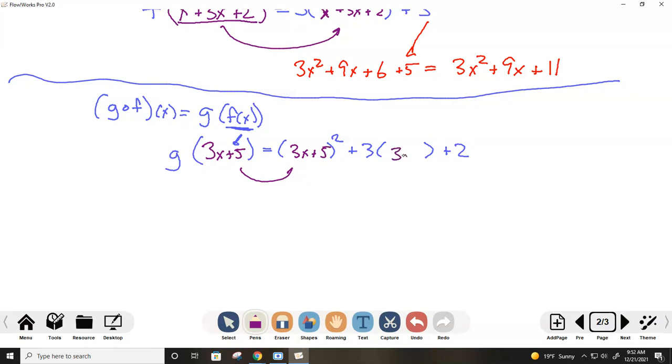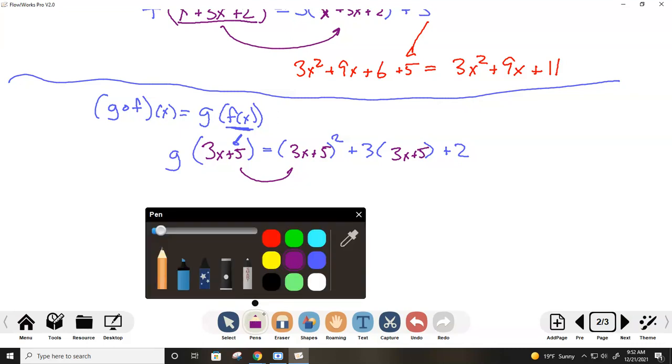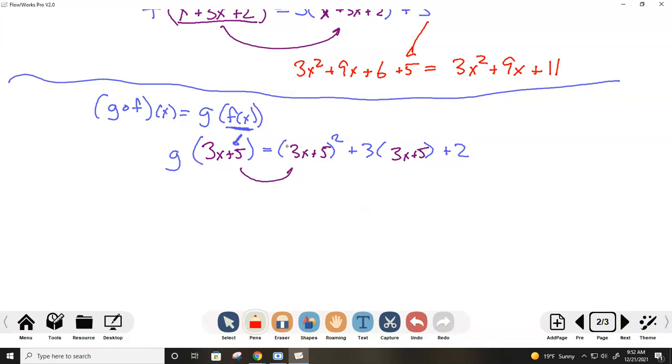So everywhere I had x, I put 3x plus 5. And now I can work it out. So my 3x plus 5 squared, remember that is 3x plus 5 times 3x plus 5.